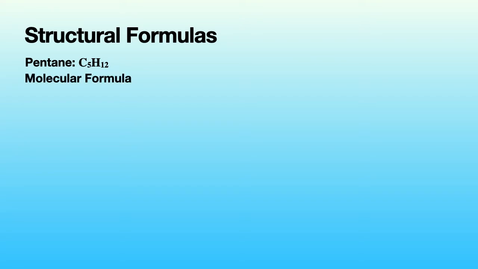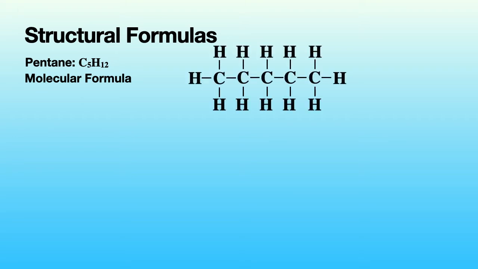But all it tells you is which atoms you've got, not how they're joined together. Compare that with this. That shows you which atoms you've got, but also which atoms are joined to which and how they're joined. In this case, all by single covalent bonds. This is a full structural formula.